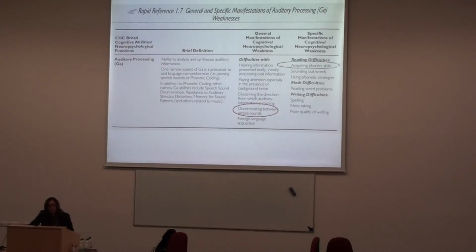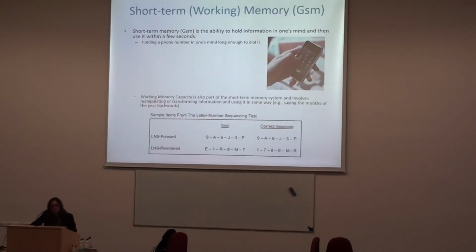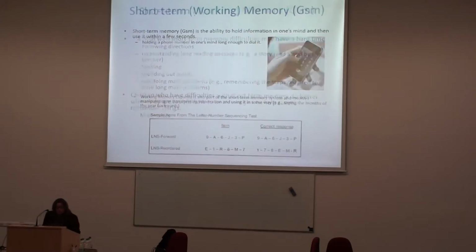Manifestations table for GA weaknesses. Short-term memory, the ability to hold information in one's mind and then use that information within a few seconds. So there's memory span, which is temporal sequencing of information, and there's also working memory, which is transforming information in some way before output.